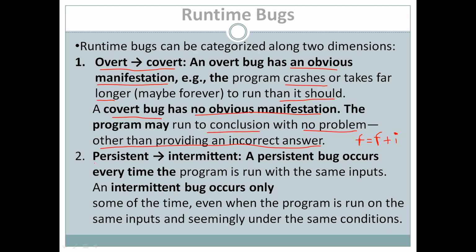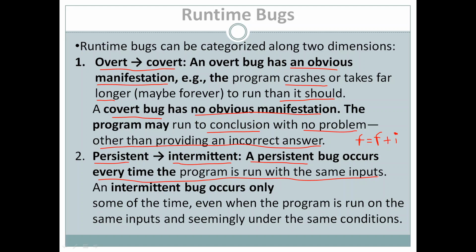Then the second type is persistent and intermittent bug. A persistent bug occurs every time the program is run with the same input. As the name suggests, persistent, it occurs every time the program is run with the same input.